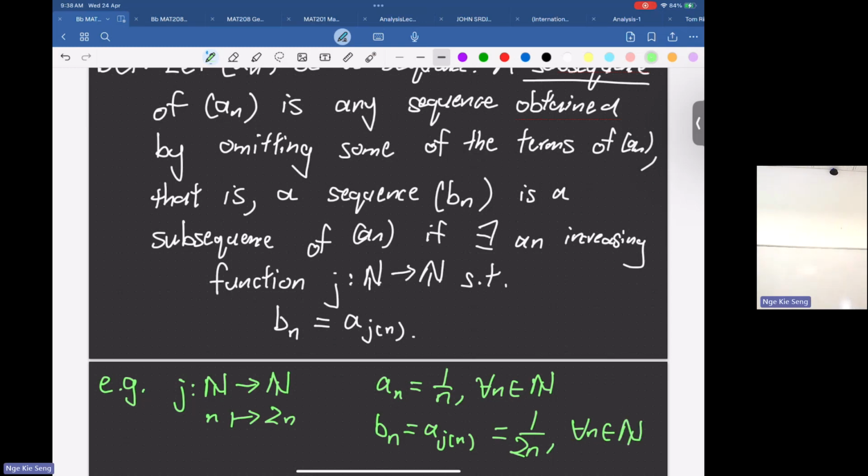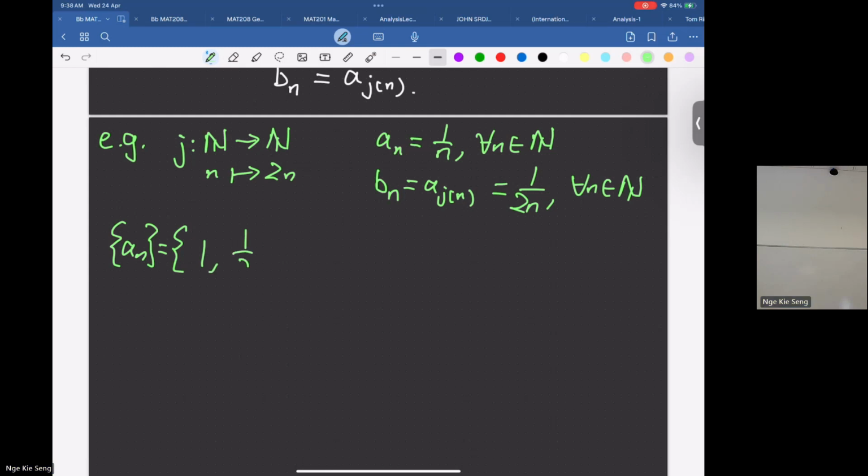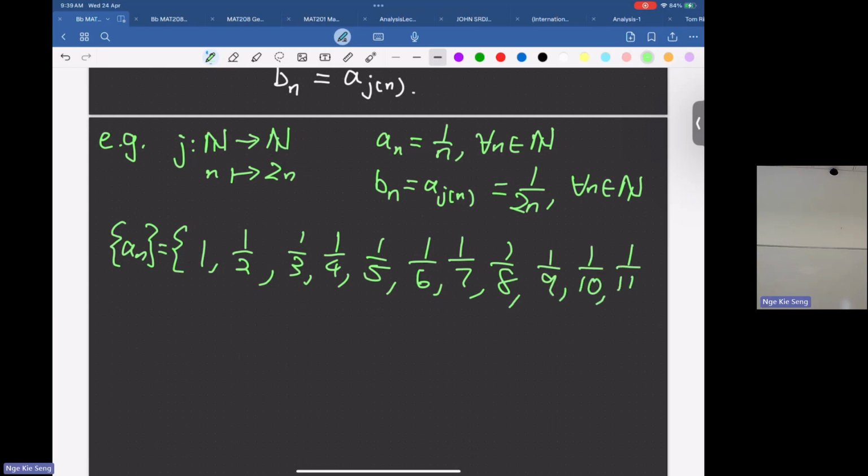Okay, let's draw this thing out. Maybe not draw first, let's just list them out, it's easier. So how does a_n look like? Inside a_n you have 1, 1/2, 1/3, 1/4, 1/5, 1/6, 1/7, 1/8, 1/9, 1/10, 1/11, 1/12, and so on.